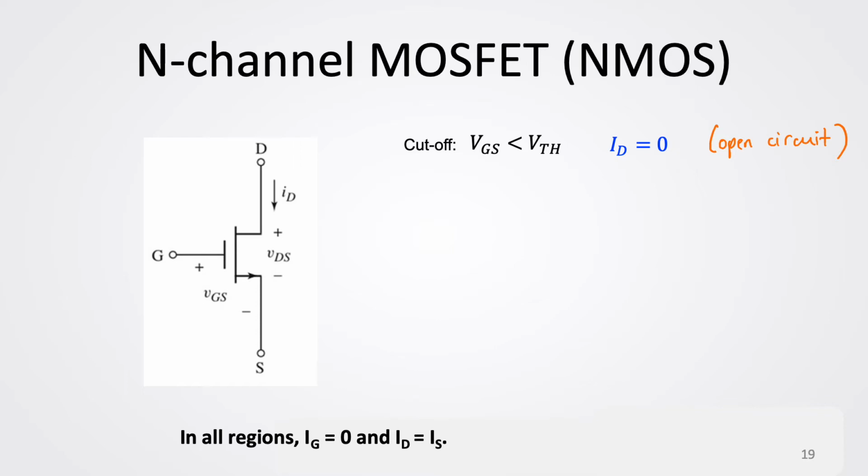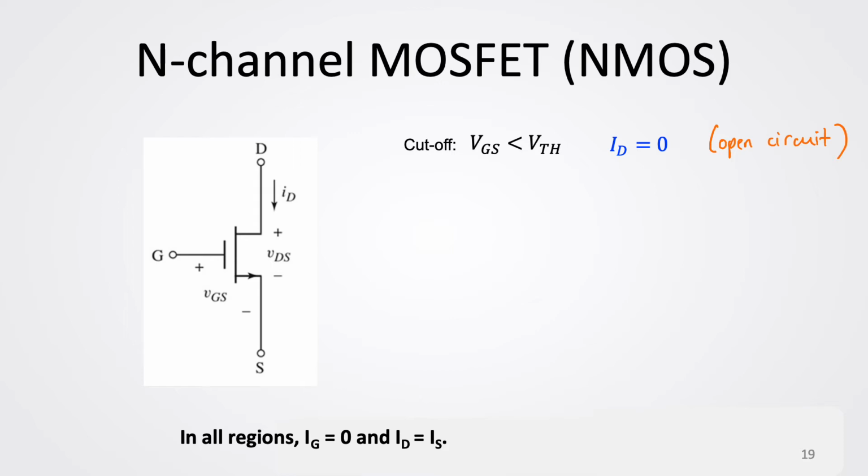Since the gate current is 0, the drain current is equal to the source current, so we usually just use ID. When ID is of a certain value, then correspondingly IS would be the same value. Note that if ID is entering the transistor, IS should be leaving or directed away from the transistor.